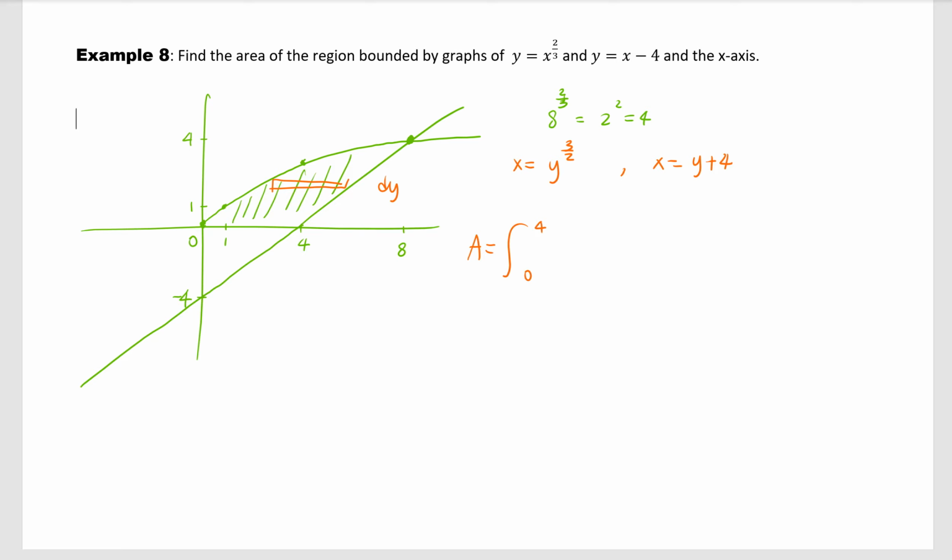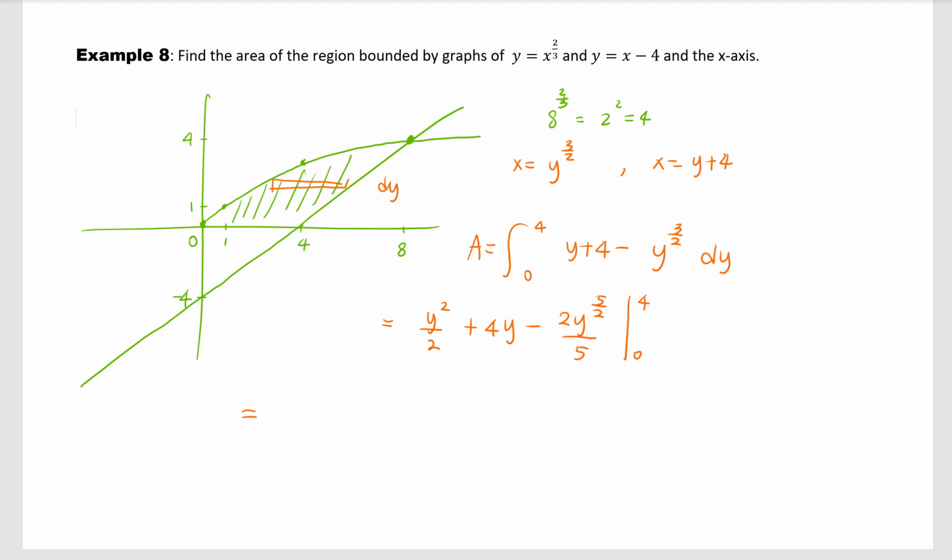Upper curve is the line, y plus 4. Lower curve, the curve y to the 3/2, dy. And this is y squared over 2 plus 4y, and we add 1, which is 5/2 over 5/2, but the 2 we can flip on top. Evaluate from 0 to 4.